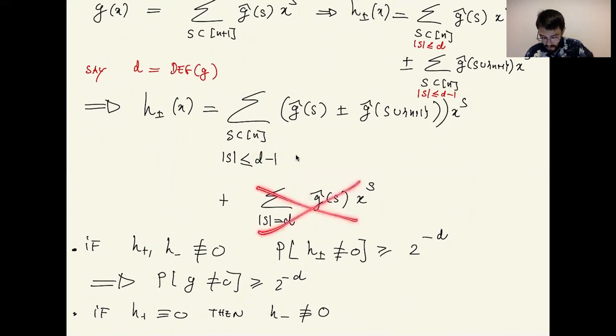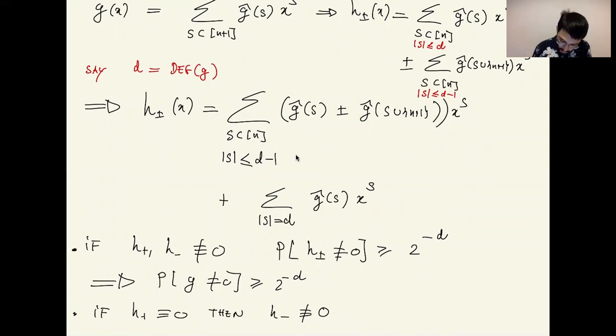Okay, so this part is gone. But then if H minus was identically 0, you could add them both, H plus and H minus, and only this bit would survive. So these guys also would be identically 0. And if you do the difference, these guys would be identically 0 as well. So everything would be 0. Of course, they cannot both be identically 0, otherwise G itself would be identically 0. That's another way of saying it.